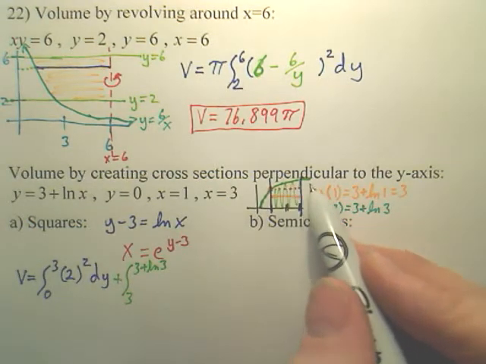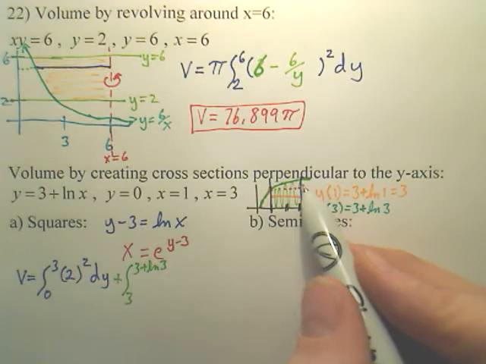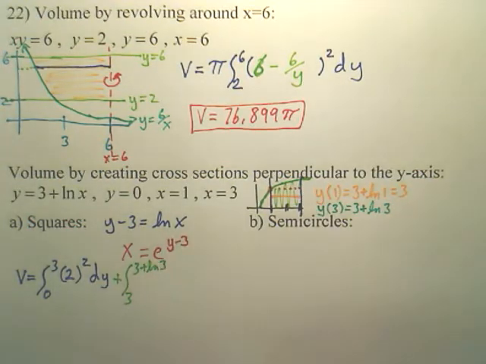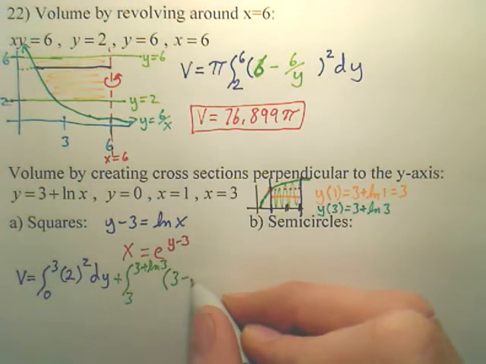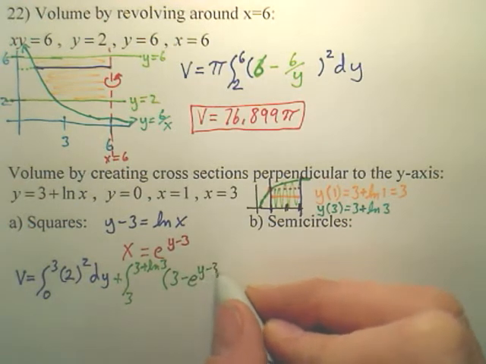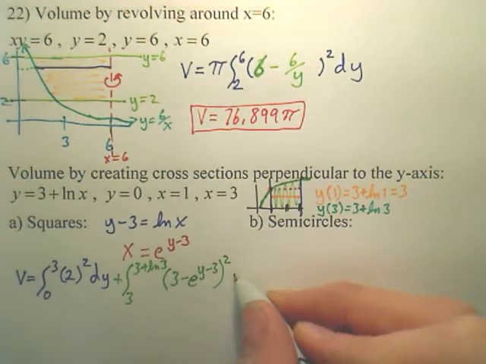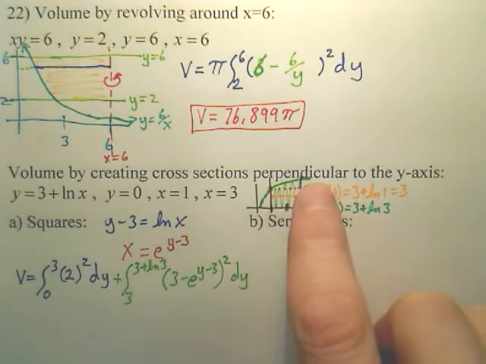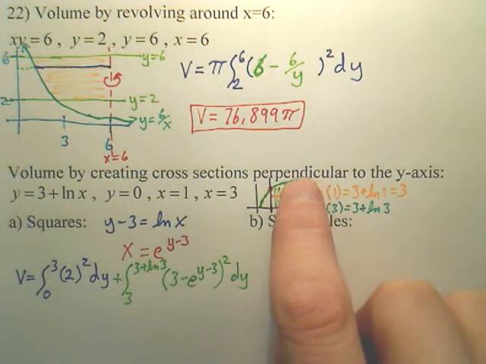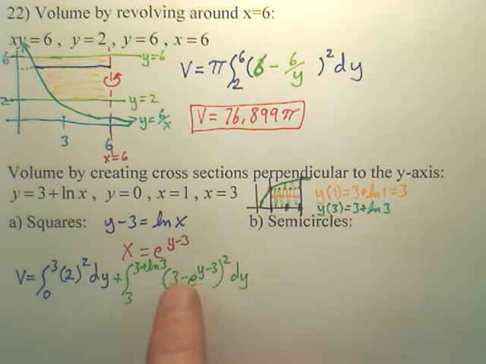I went from the green graph to the blue line. So won't that be 3 minus e to the y minus 3, squared, dy? That would give you the function from the green graph to the blue line, which is the length we want inside of the shaded region.